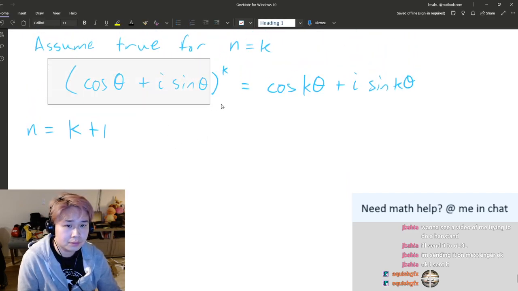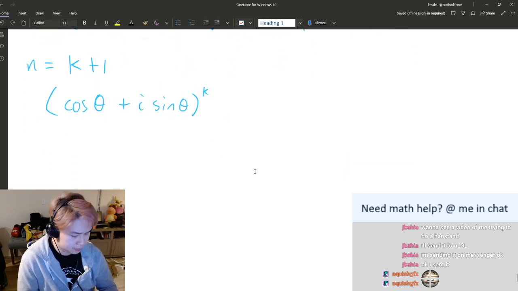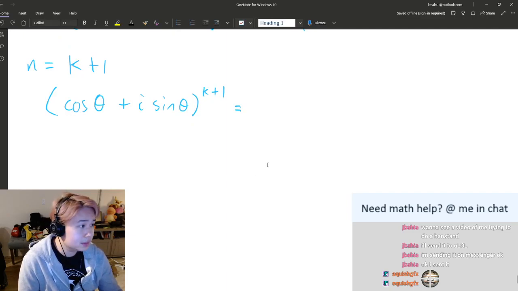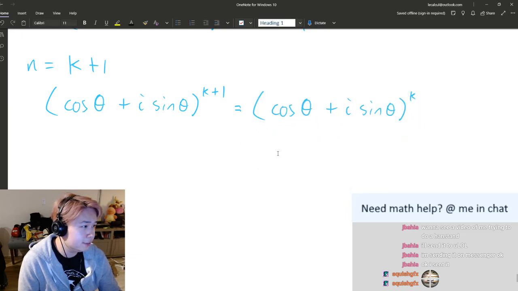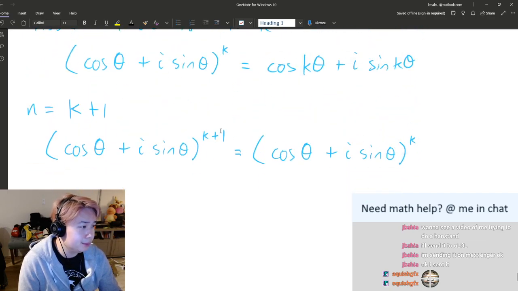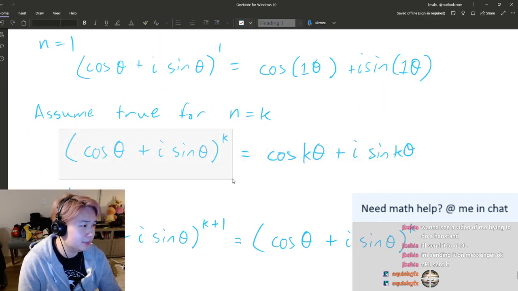Copy, paste. So the goal of mathematical induction is that once you're at this step, we want to use our assumption somewhere. In other words, I need this to show up.